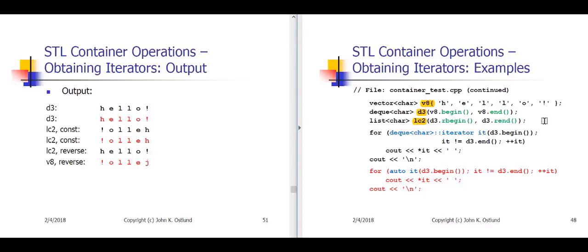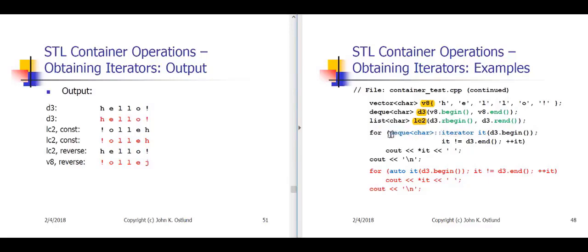So whereas the d3 deck of char contains these 6 chars in the same order as v8, the list of char, lc2, contains these characters in the reverse order that they're stored in d3.